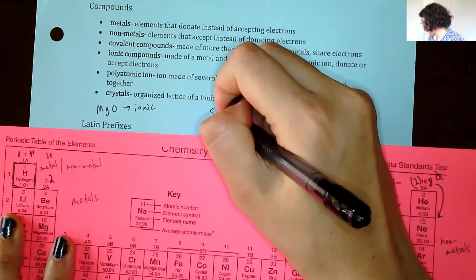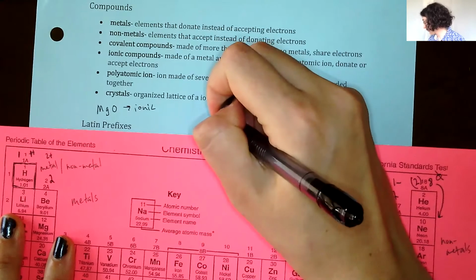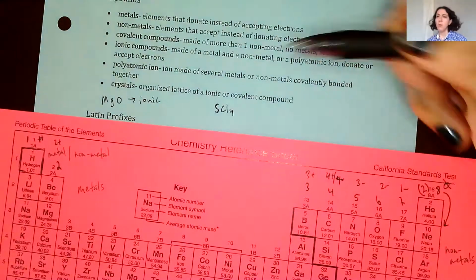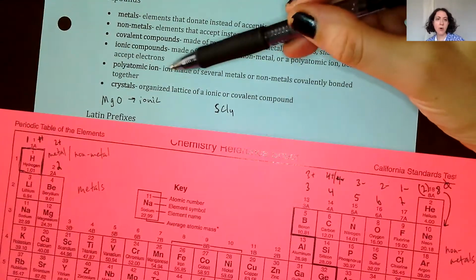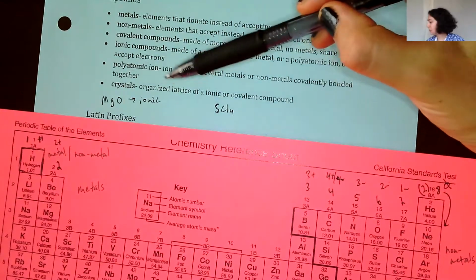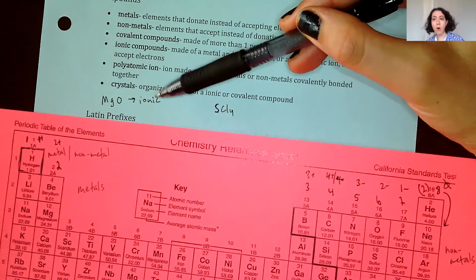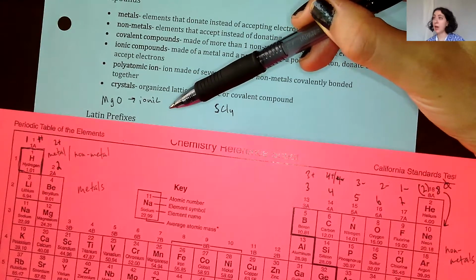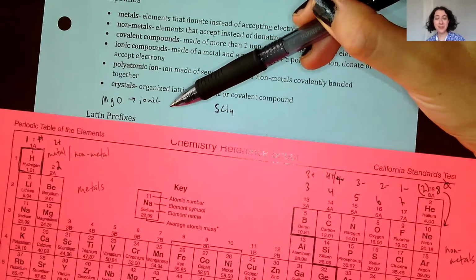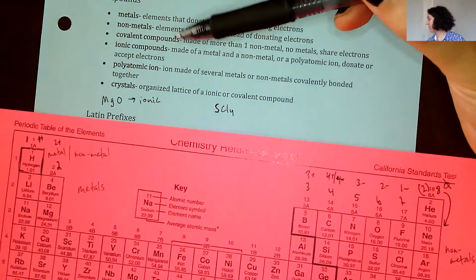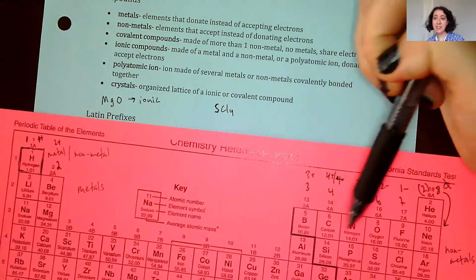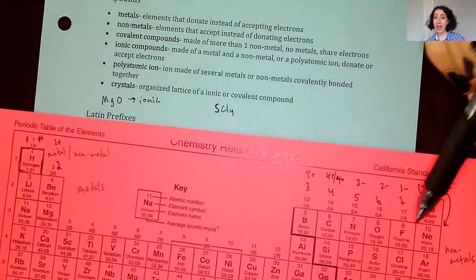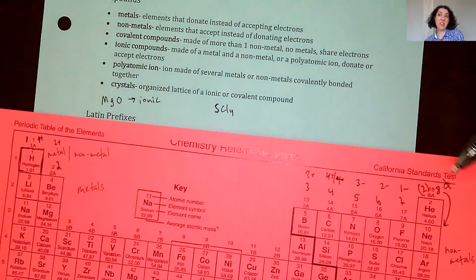One thing you're going to notice here is that if you have a symbol that has more than one letter, you always write the second one as a lowercase, and that's actually really important. There's a specific reason for that. If you write the second letter as a capital, it might be confused with another element.